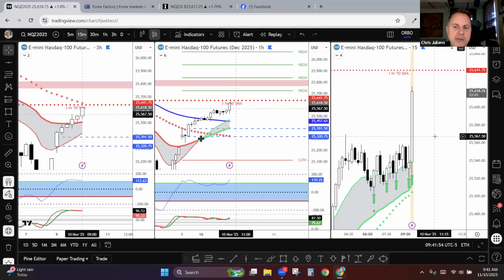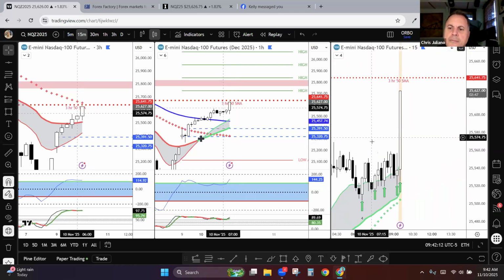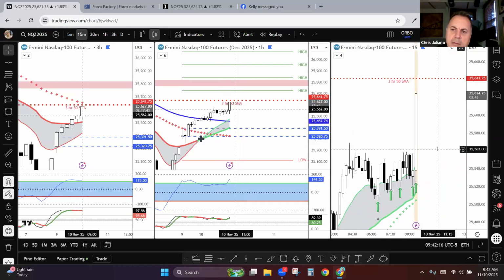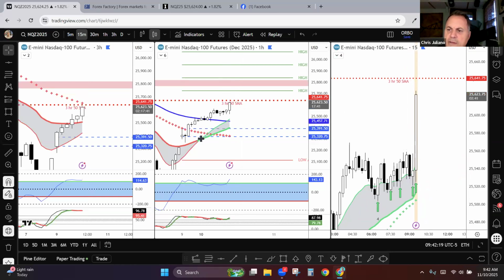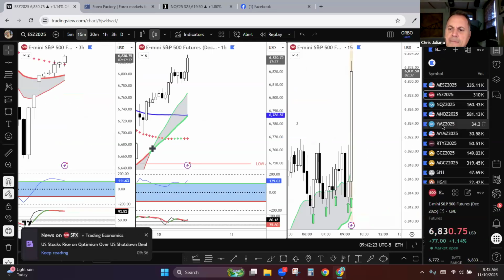Now the issue is we're going to be super close to that very first target. Kind of a weird situation here. What is everything else doing?